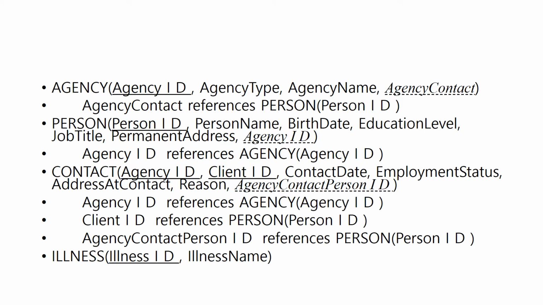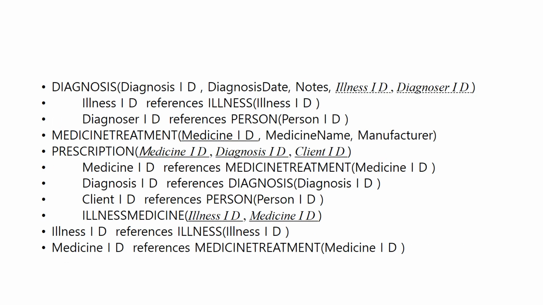Illness table: illness ID must be primary key, and then illness name. Diagnosis table: diagnosis ID, diagnosis date, diagnosis note, and illness ID; diagnosis ID must be a foreign key. So illness ID references the illness table, illness ID, and diagnosis ID references the person table, person ID.